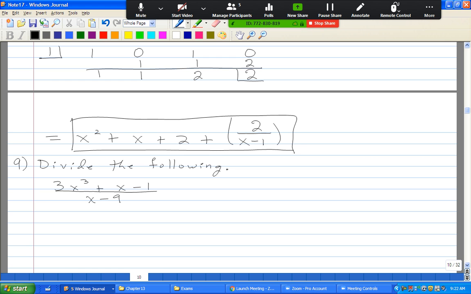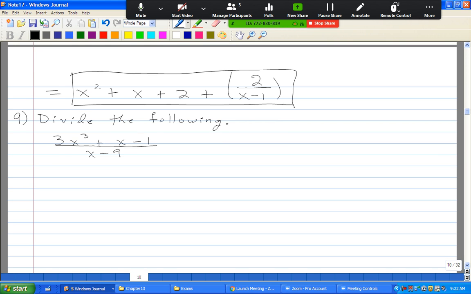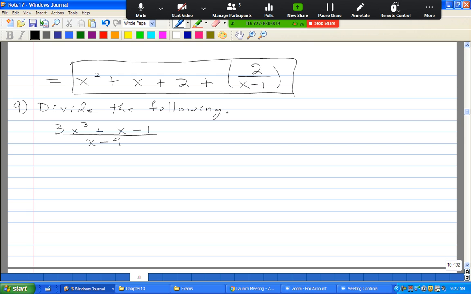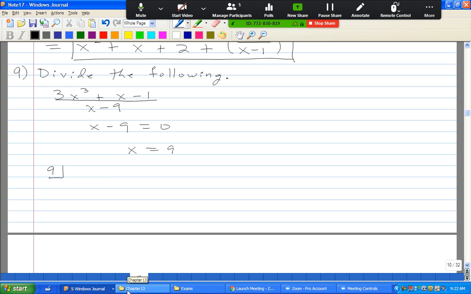Let me do the same thing for problem 9. Let me do a synthetic division. So again, x minus 9 is 0. Adding 9 to both sides, so x is equal to 9. So let's do a synthetic division here. So I have 3x cubed plus no x squared plus 1x minus 1.